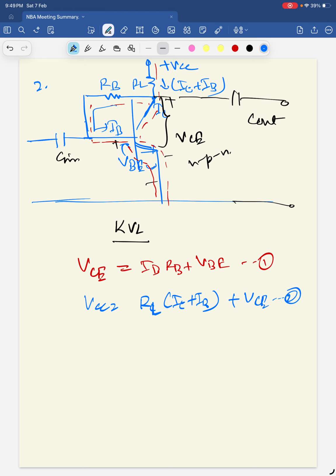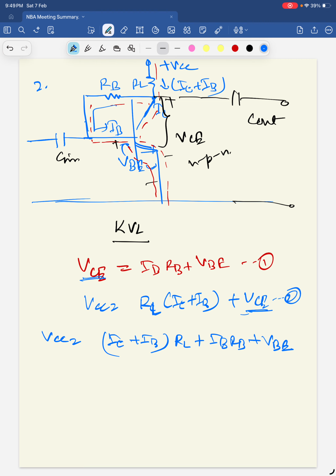Now this VCE, we get VCE, so we can put this value. So ultimately VCC is equal to IC plus IB into RL plus IB RB plus VBE. This we put here.